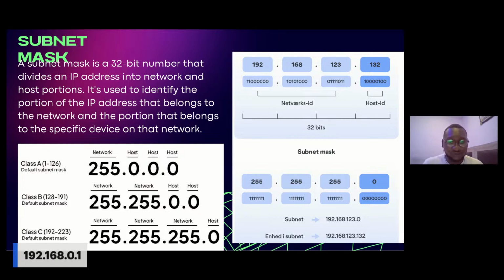Everything is 32 bits, right? So if you look down, you now have the representation of the subnet mask, right? So 255 represents these ones here. The other 255 is all ones, the other 255 is all ones, and 0, which is the host ID, is 0. Do you get? So that's basically how to interpret your subnet mask related to your IP address.